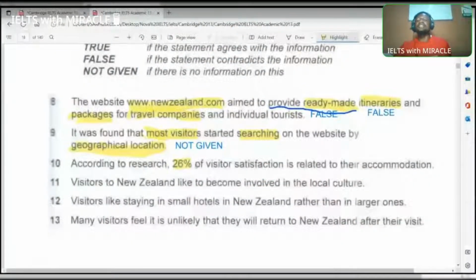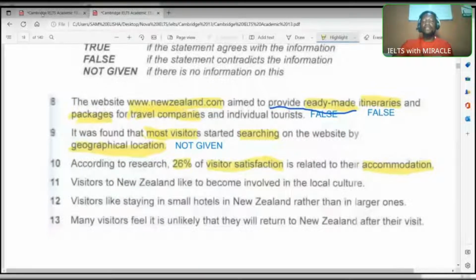They take you directly to the answer. 26% of visitor satisfaction is related to their accommodation. Related to their accommodation. So, okay, let's still underline visitor satisfaction, very important. So 26% of visitor satisfaction is related to their accommodation.